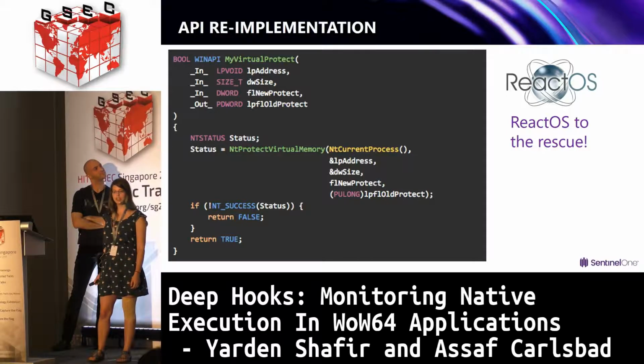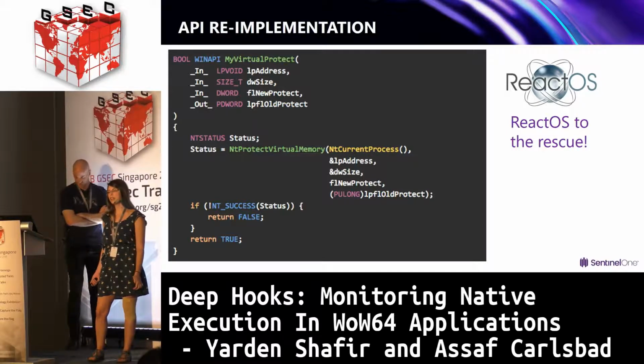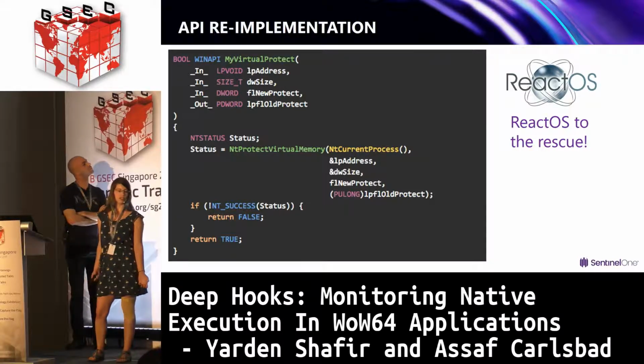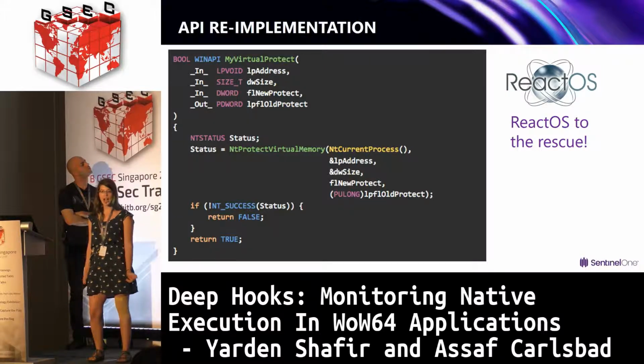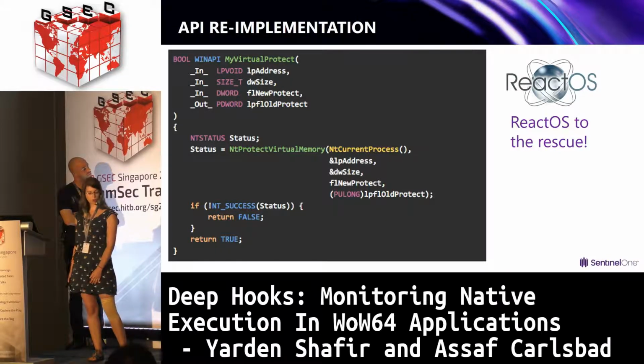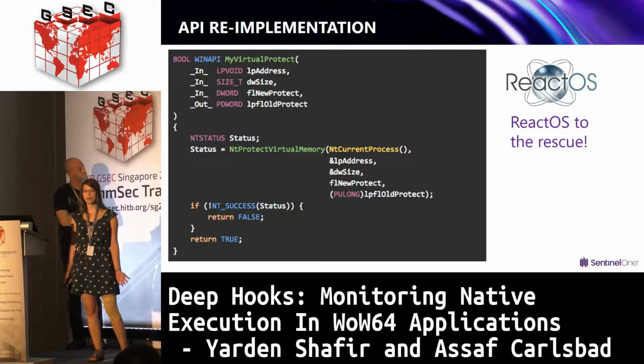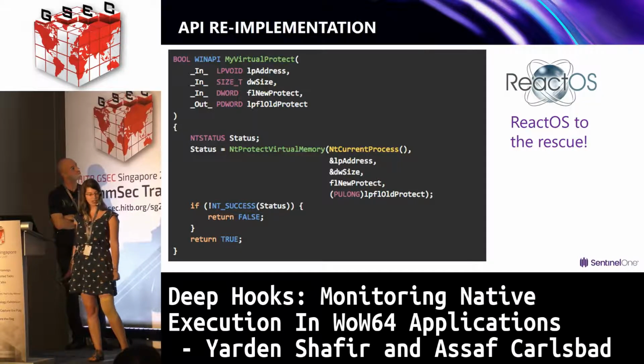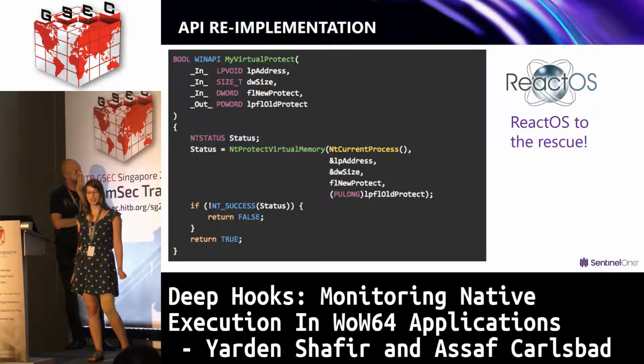The major thing we had to do there was re-implementing all Win32 APIs that were used by our hooking engine. For example, here we have our implementation of VirtualProtect, a function exported from kernel32. You can see our implementation is basically just a forwarder to NtProtectVirtualMemory exported from NTDLL, so we can use it.